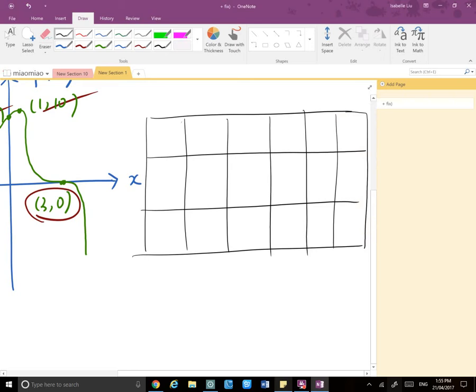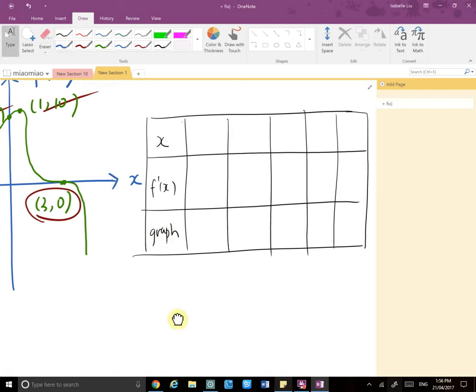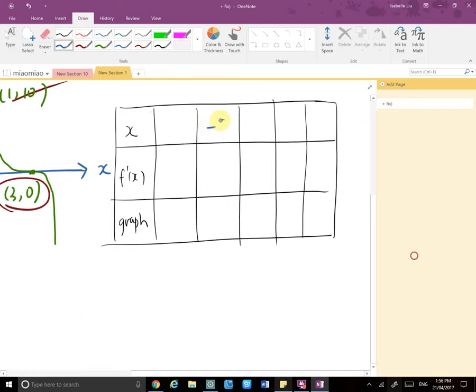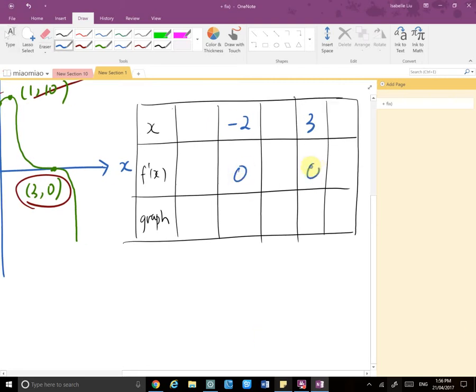Okay, so you have x, f dash x, and the graph. So the points are -2 and 3. So let's have -2 and 3 right here. -2 and 3 will give you derivative equals 0.